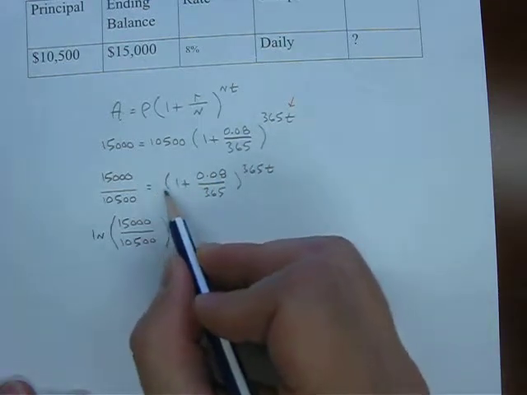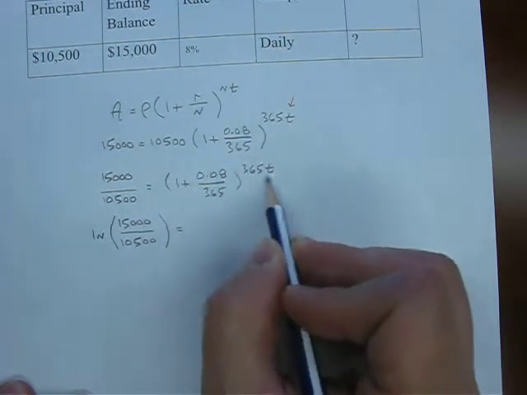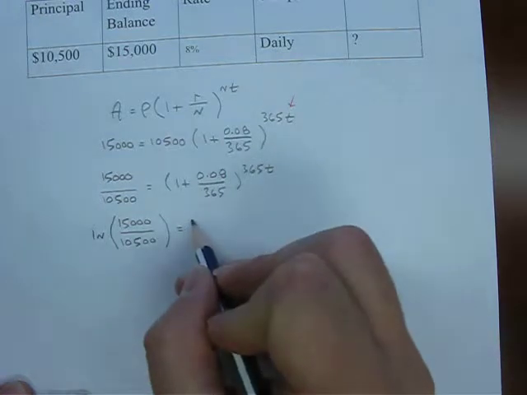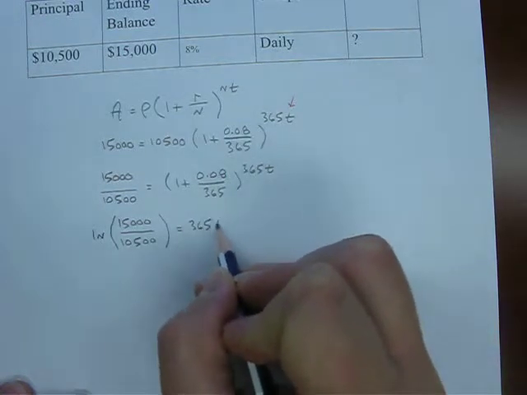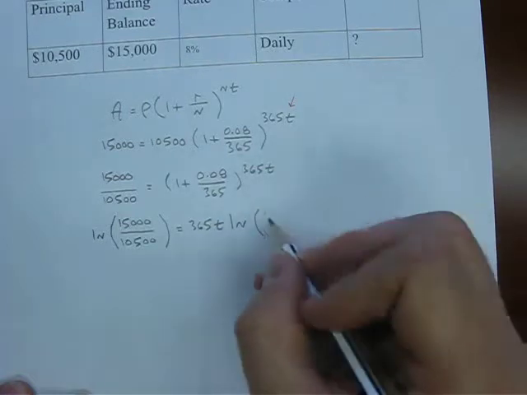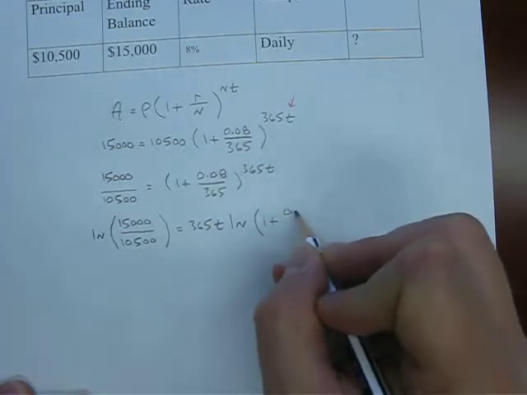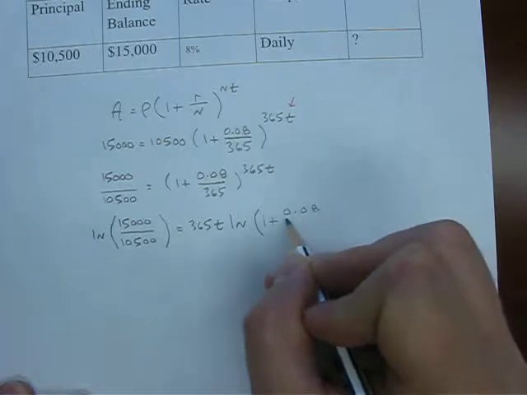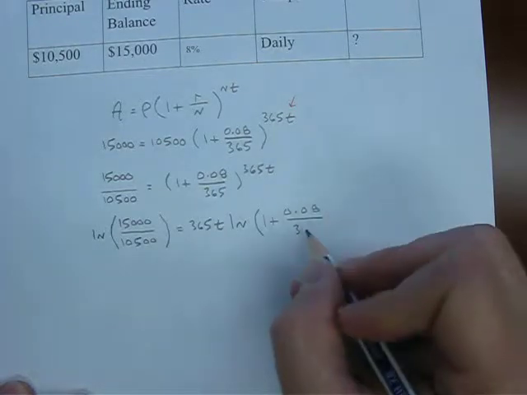Now when I apply the logarithm over here, that entire power, whatever it is, is going to get moved, just like that problem I showed you just a second ago.